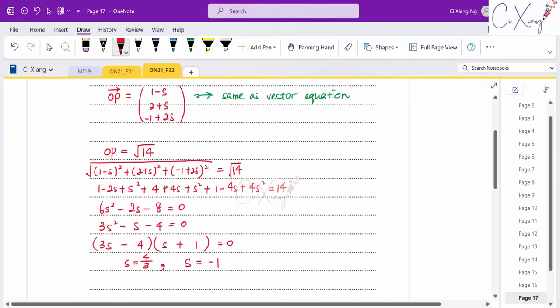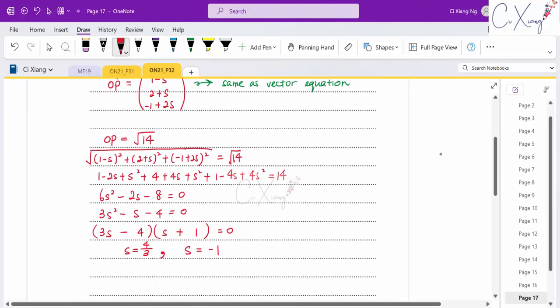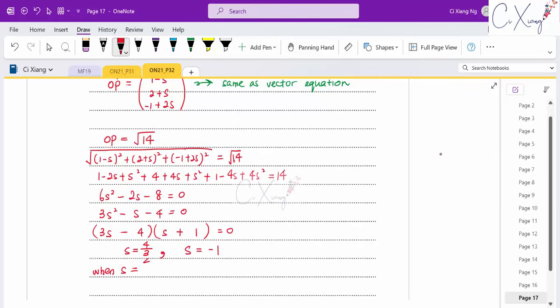Position vector for P. Now I substitute it. When s equals 4 over 3, what is the OP that I get? The OP that I get when s equals 4 over 3 will be -1 over 3 i, then 10 over 3 j, and also 5 over 3 k.